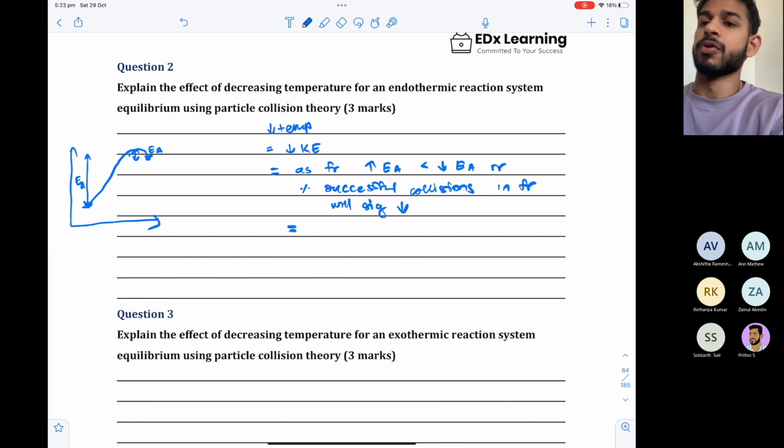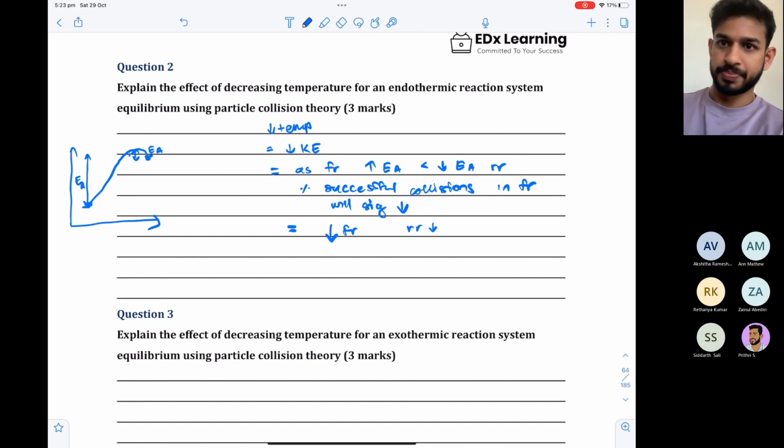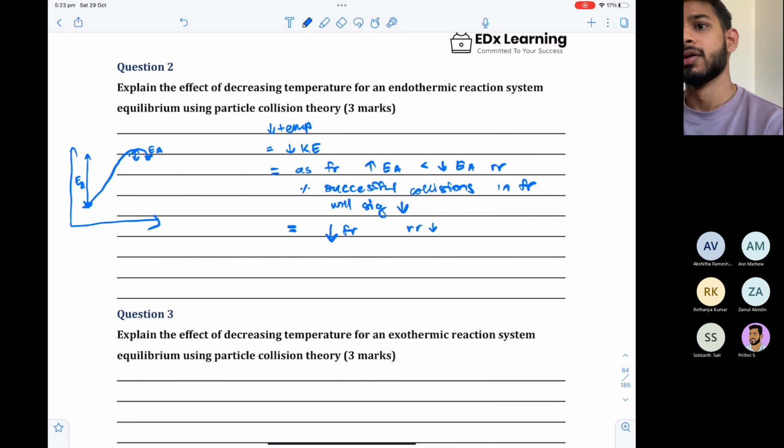What will that do to the forward versus reverse reactions? What we've currently said is the forward reaction rate will go significantly lower, and the reverse reaction rate will go lower, but by a little bit. So guys, what does that mean now for the position of equilibrium? Which direction will this equilibrium go? Back.